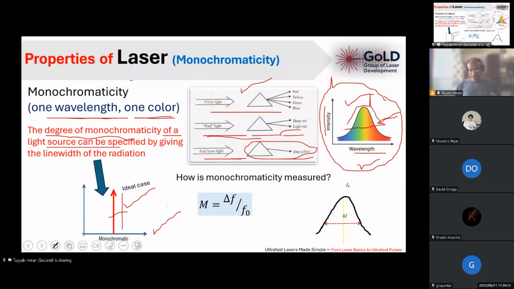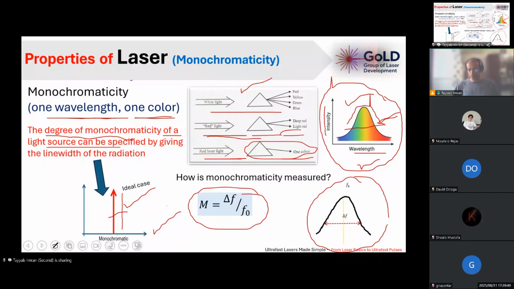This is an extremely ideal case, which practically is not possible. So the first property is monochromatic. Monochromatic means it should have one wavelength and one color. So how can we know how monochromatic this laser is? Using this formula, we can estimate it. This is a spectrum as well.